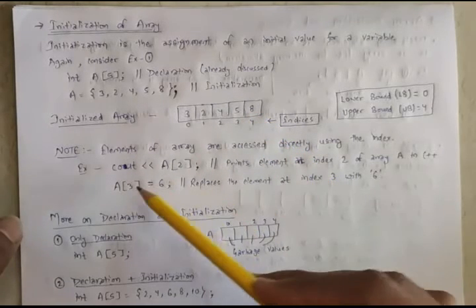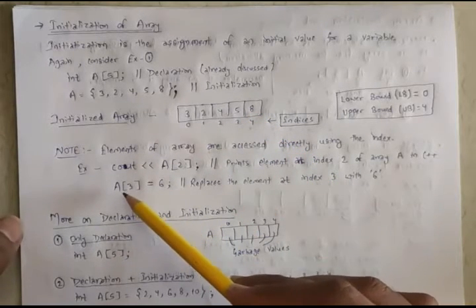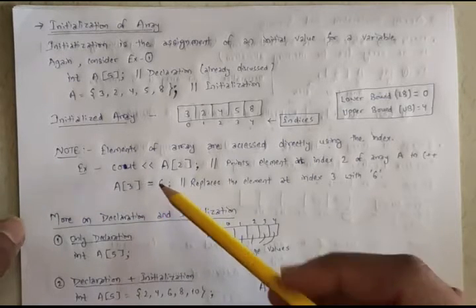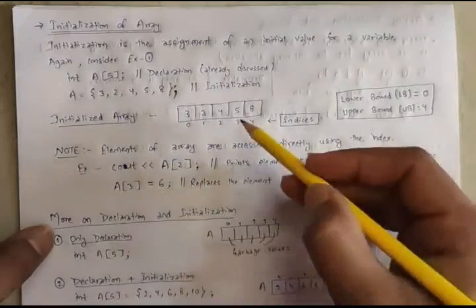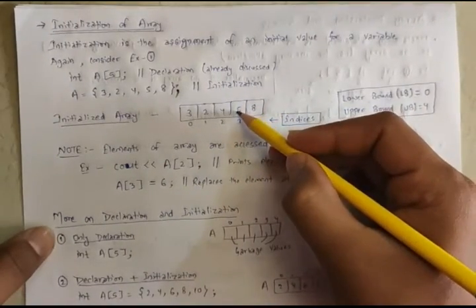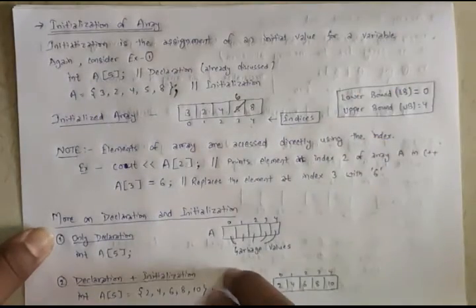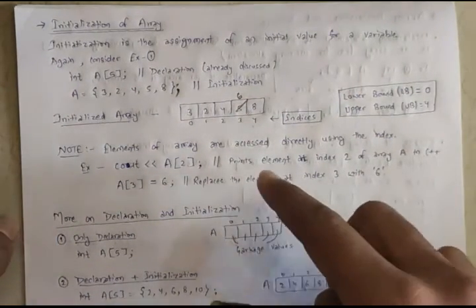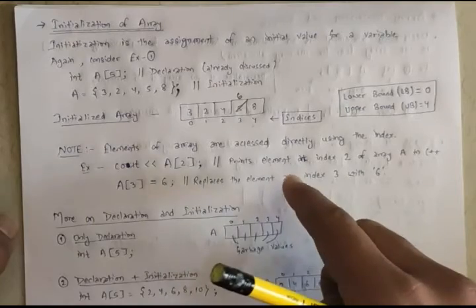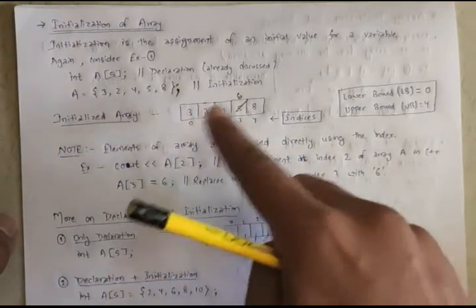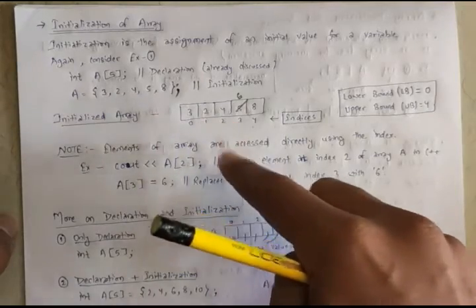We can just give an instruction like A[3] equals 6. So this element at the third index of array A would be replaced by 6. This is how we can access the array, and before that we saw how to initialize the array and how the initialized array looks.